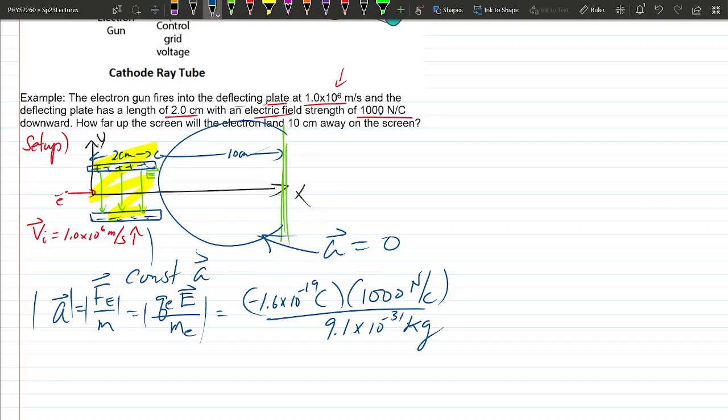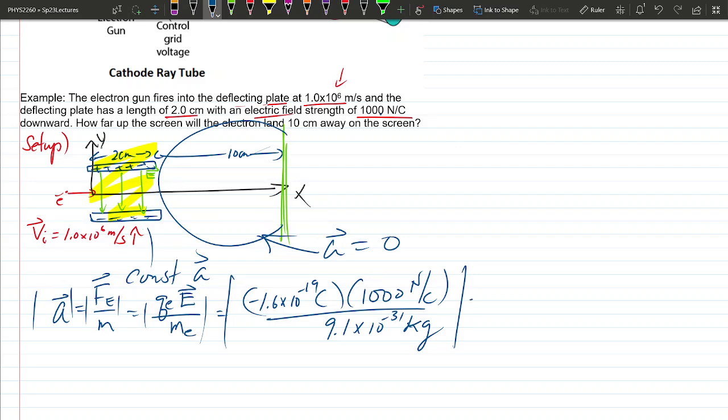You can check all this stuff in the book. We just care about the magnitude. So 1.6 times 10 to the negative 19 times 1,000 divided by 9.1 times 10 to the negative 31.